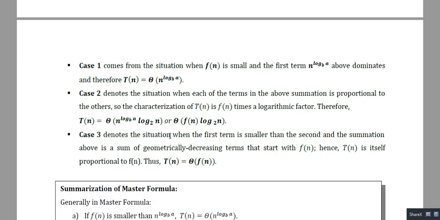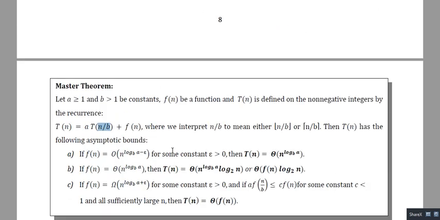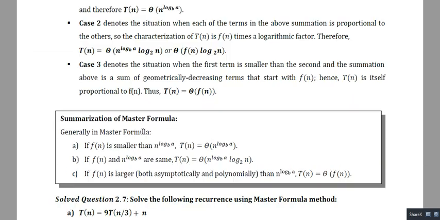Given any question to solve using this master method, note f(n), then find the value of n power log a base b, and compare the value of f(n) with n power log a base b. If f(n) is larger, that is going to be the solution. If n power log a base b is larger, that is going to be the solution. And if both are equal, then this will be the solution, f(n) log n base 2.